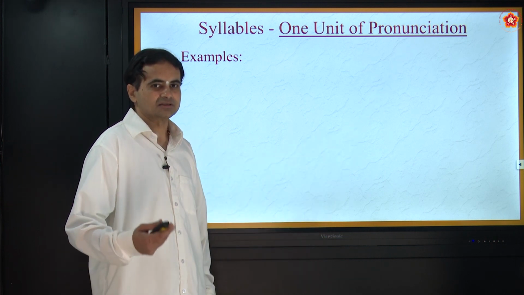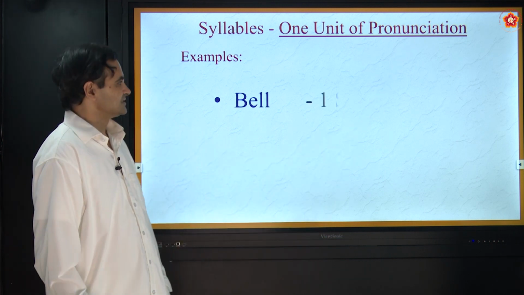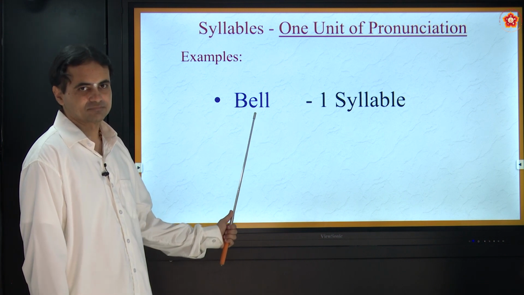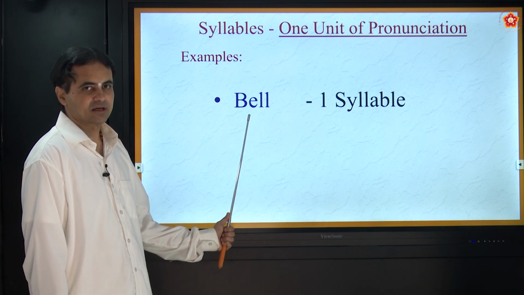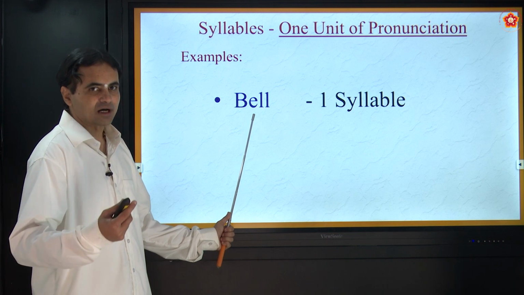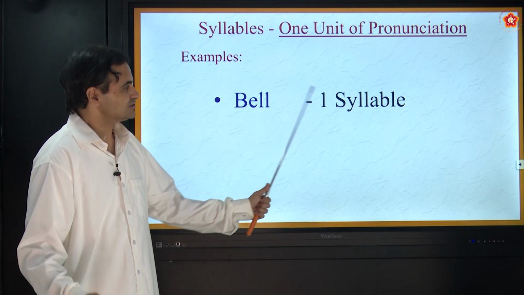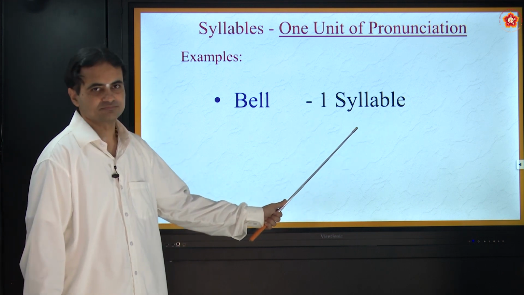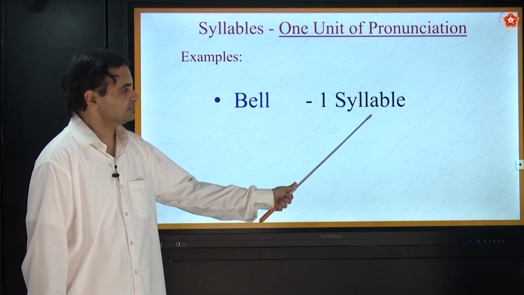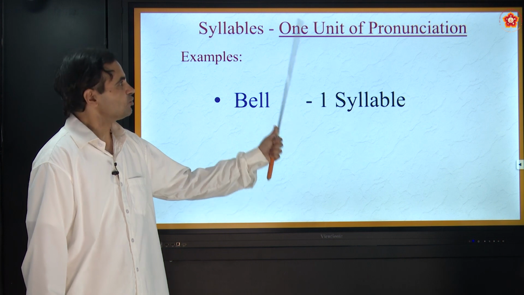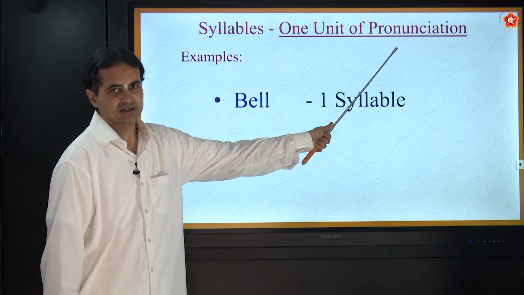So, when we utter words, like for example, let us say bell is there. Once only we pronounce, at one stroke we say bell. So, this becomes one syllable. So, what is one syllable? One syllable is one unit of pronunciation.